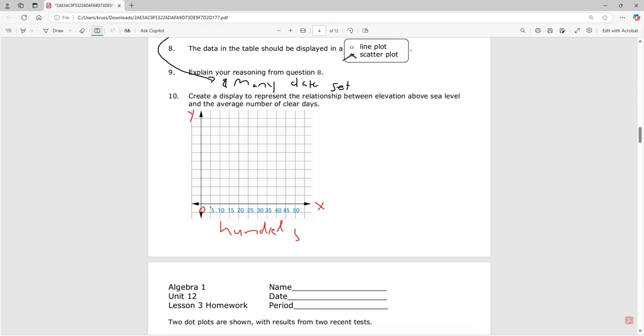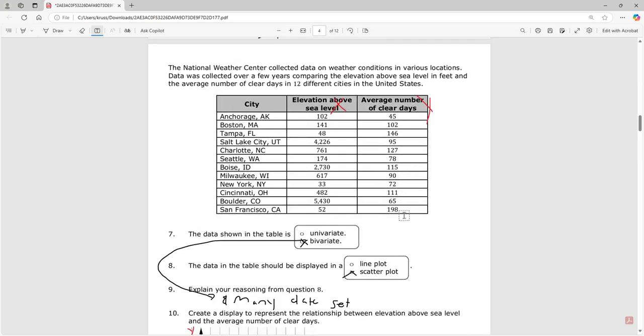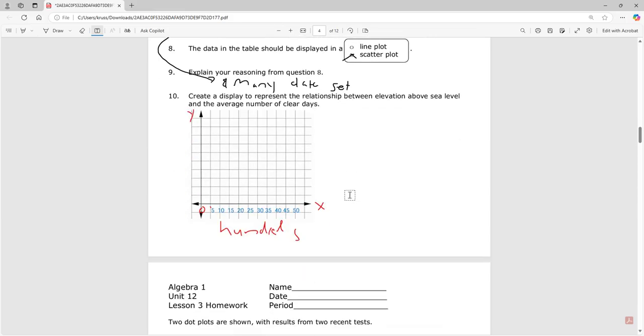Okay. And over here, number of clear days. The most we have is just under 200, and the least I have is just over 45. So I'm going to go 40 to 200. I guess I can go 0 to 200. That's fine. So this will be 200.